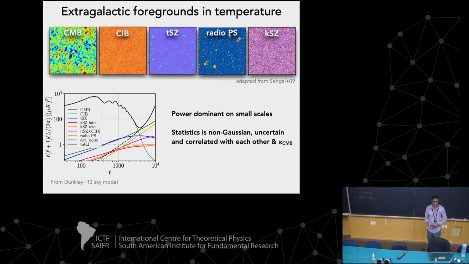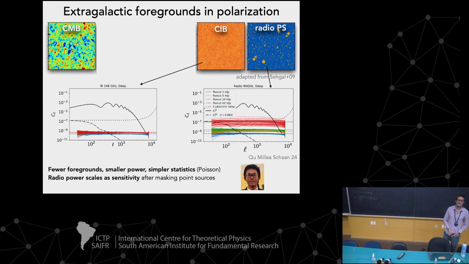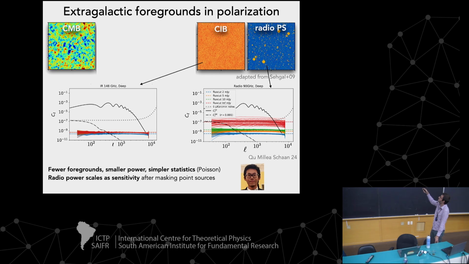Okay, so these were extragalactic foregrounds in temperature. In polarization, life turns out to be a bit easier, and you can see a number of the foregrounds have dropped out of this map because most of them, like the thermal and kinematic SZ, are not actually polarized. And so the only extragalactic foregrounds that we expect to be polarized are some of these point sources.